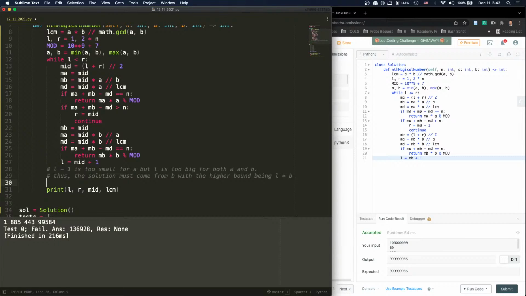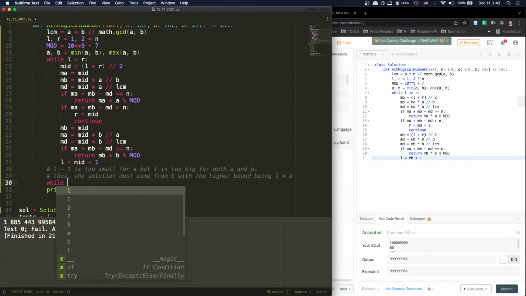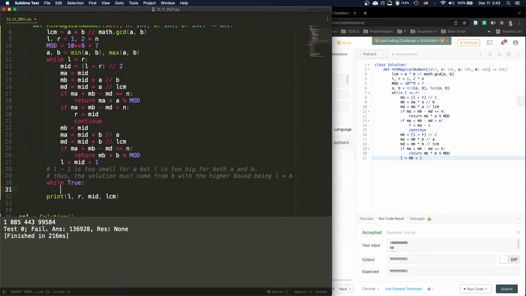with L, right? When I say while true, all right? We know L is too big, so we're gonna start from L. When you say L minus equal 1, all right?